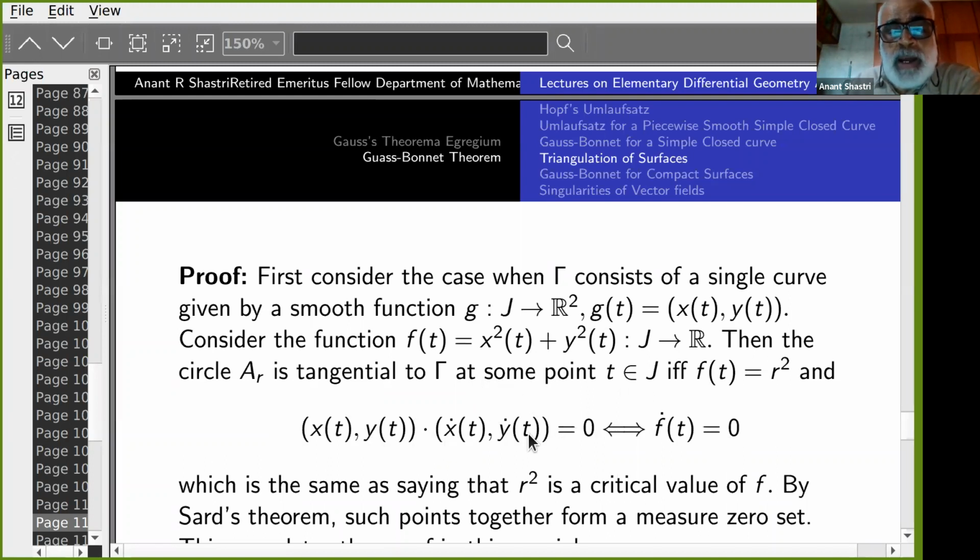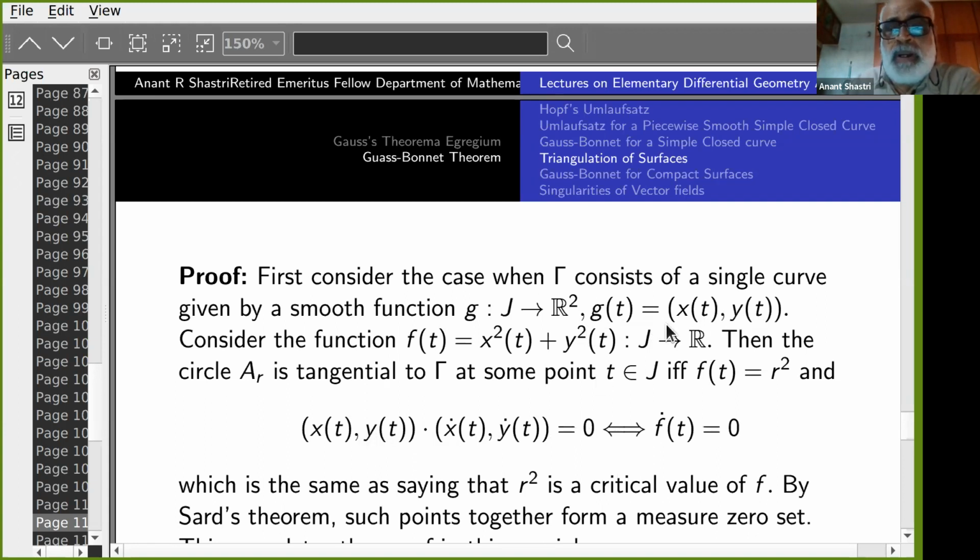Why? What is this one? This is nothing but the tangent line: (x dot, y dot) is tangential to the curve (x(t), y(t)), right? This is a tangent. This dot product being 0 means this is perpendicular to this one. What is this one? This is the point vector, right?